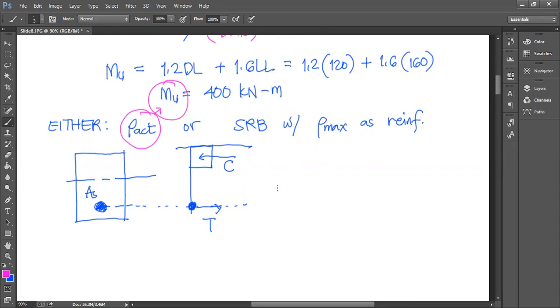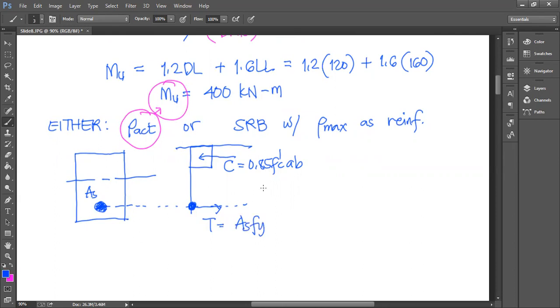So, paano ulit natin kinukuha yon? Alam natin na yung compression is equal to 0.85 F prime C A B. And then yung tension natin is equal to AS Fy.